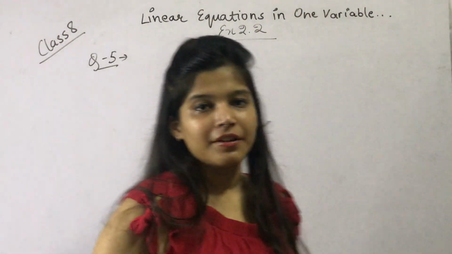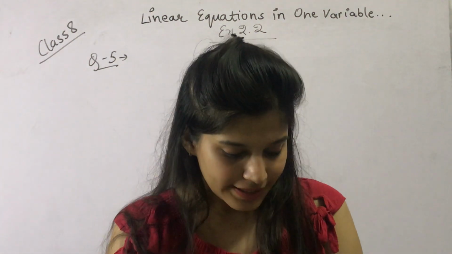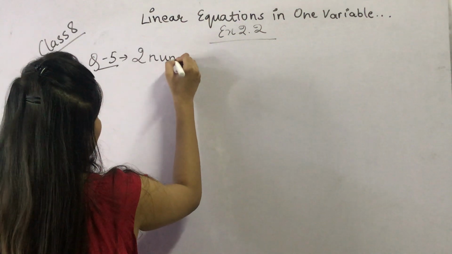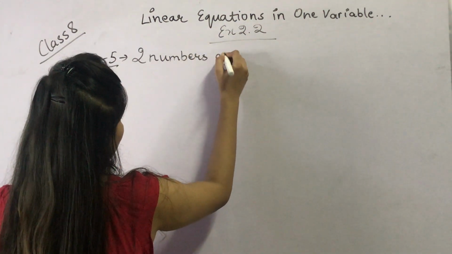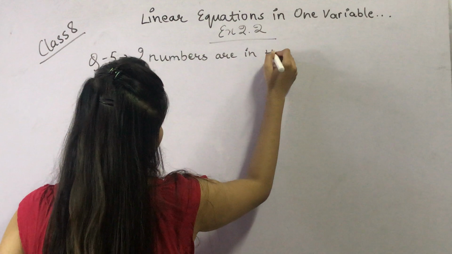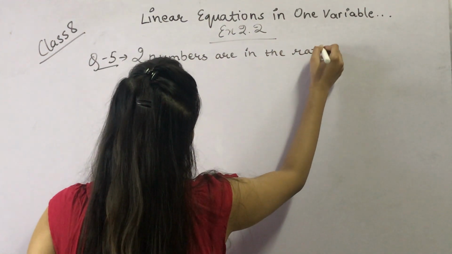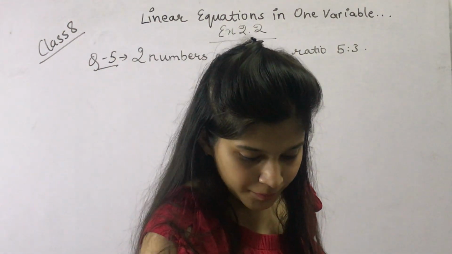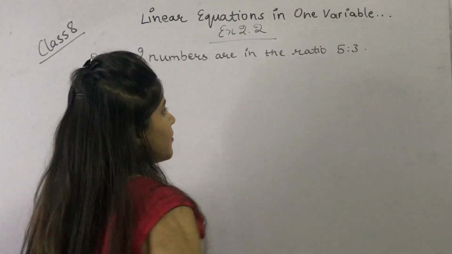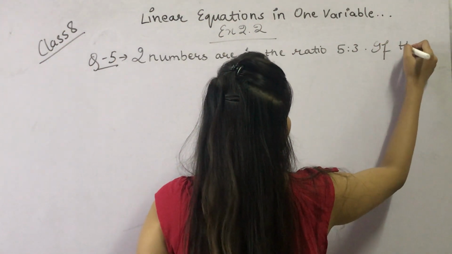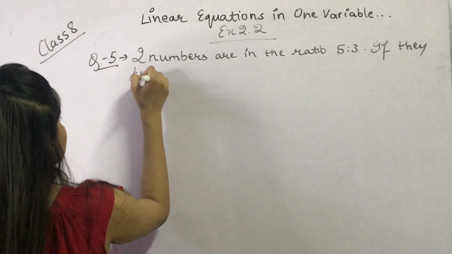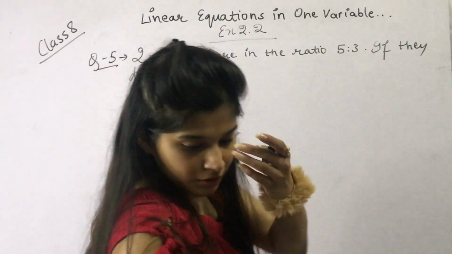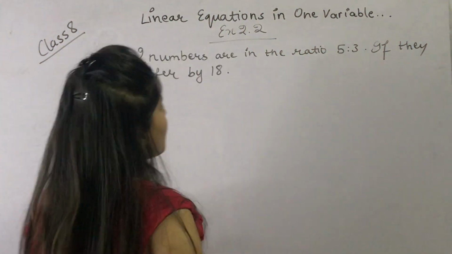Question number 5 of exercise 2.2 is: two numbers are in the ratio 5:3. If they differ by 18, what are the numbers?